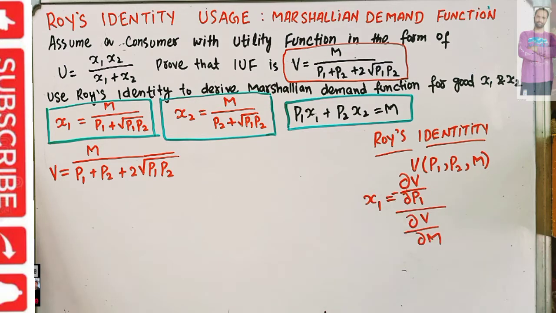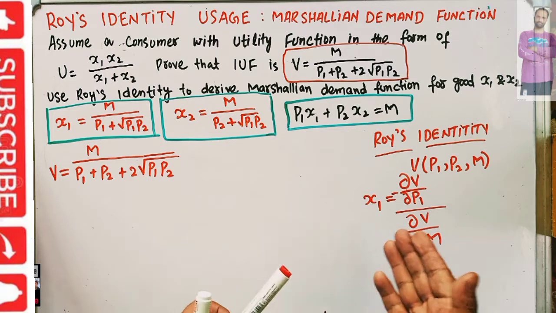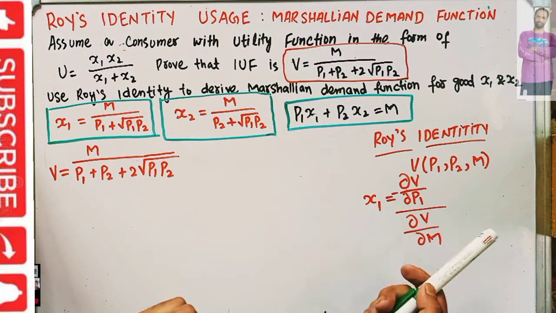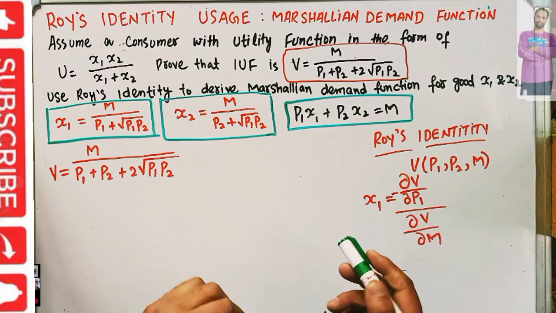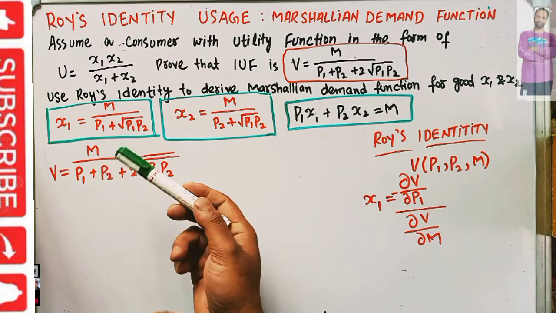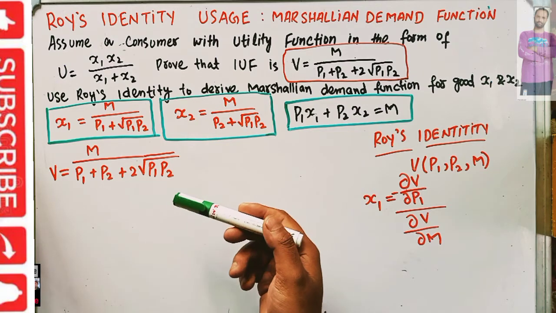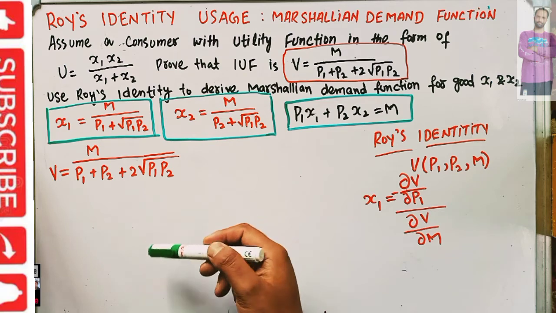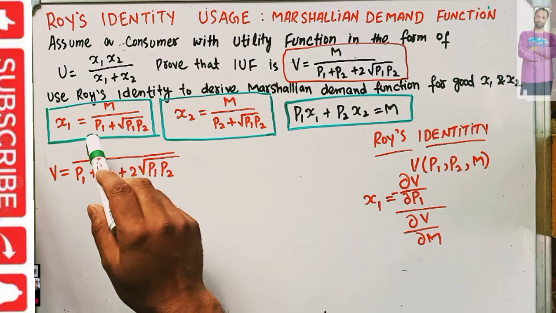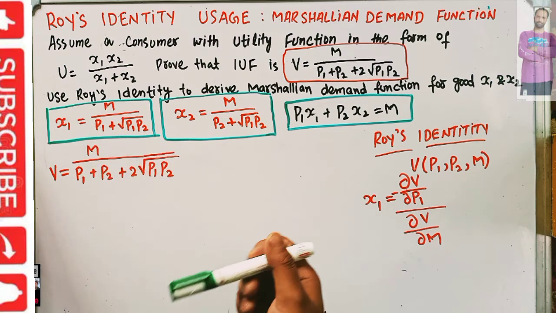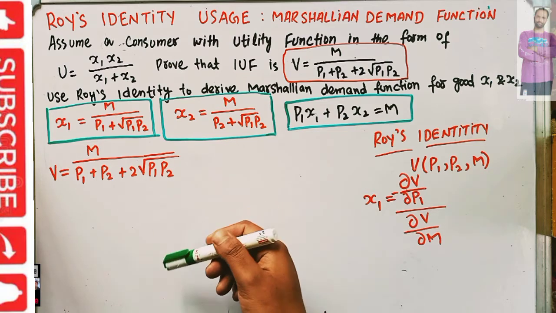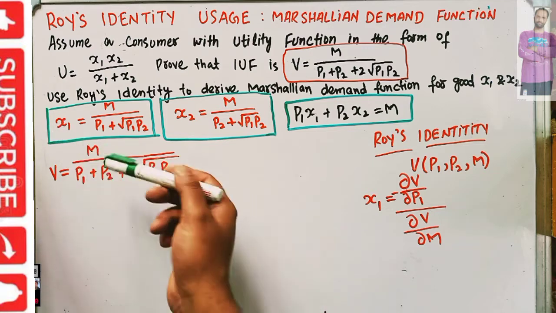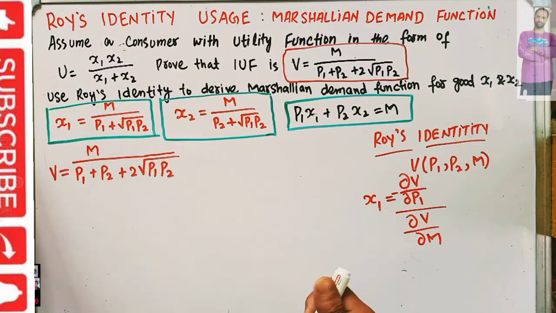This is our Roy's identity, which gives us the Marshallian demand function for good x1. By Marshallian demand function we mean the consumer's demand function which is a function of prices and income. In case of Hicksian demand, the demand function will be a function of utility and prices.